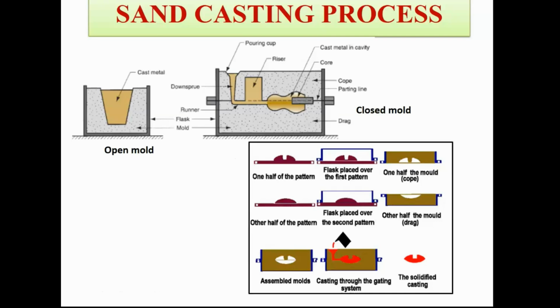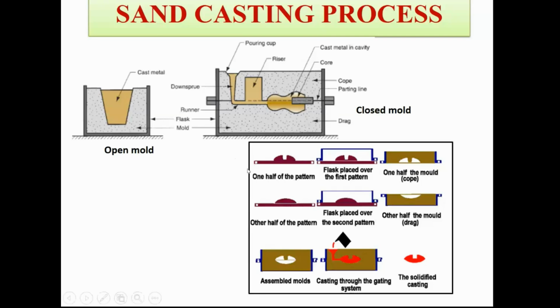And most of the defects arise over the surface of your cast product. So your solidified casting should be bigger in size, and then afterwards you can machine it easily to make it into the required size.